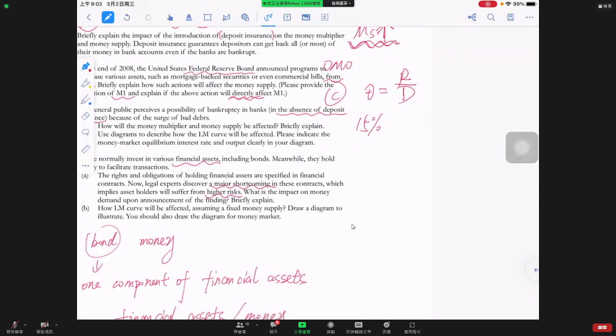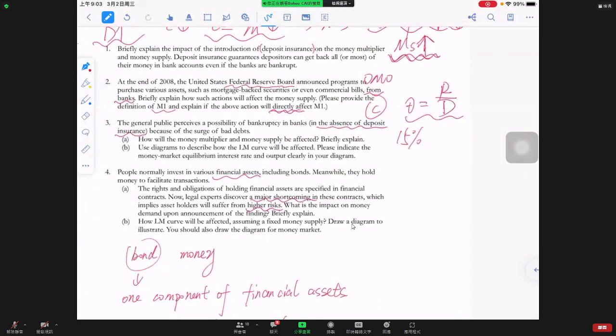Then this is determined by the preference of the commercial banks, and they will hold 20%. And if it is binding, then it is the target of the central bank. And with an OMO, there's no change in this target of the central bank. So this theta is fixed. It doesn't change in this question.